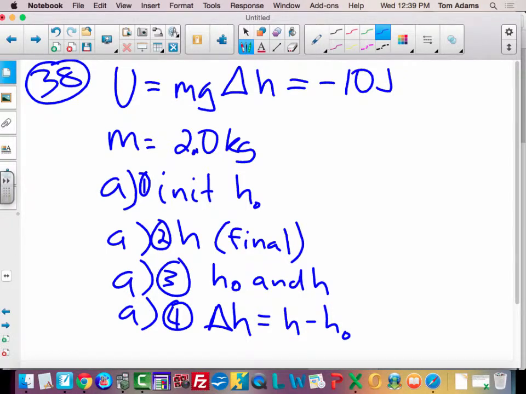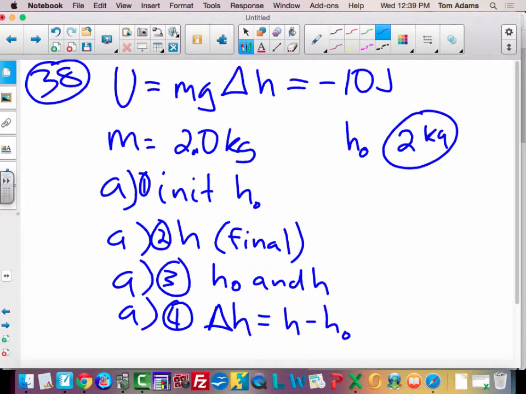So what does that mean? That means there's a change in the height, delta h, such that my final answer is negative 10. So what this means is there's an object that has a mass of 2 kilograms, and it has h naught.